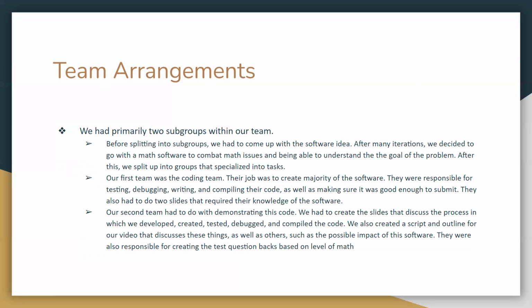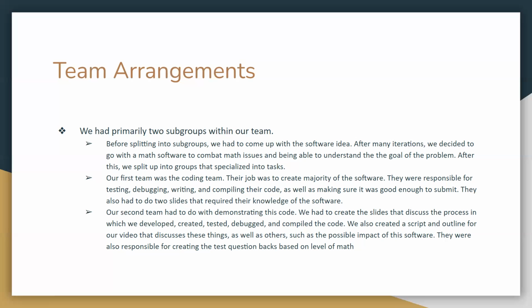After many iterations, we decided to go with a math software to combat math issues and to understand the goal of the problem. After splitting into two subgroups, we had a coding team, whose main job was to create the majority of the software. Naturally, they were responsible for testing, debugging, writing, and compiling all the code, as well as making sure it had a good enough quality to submit.